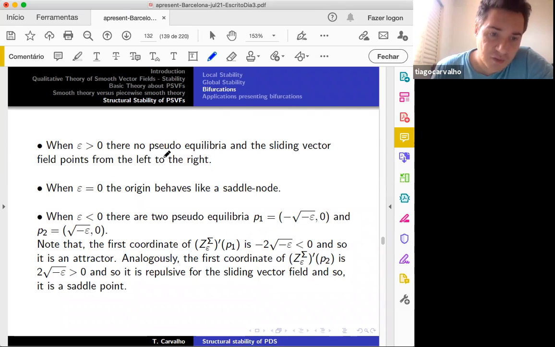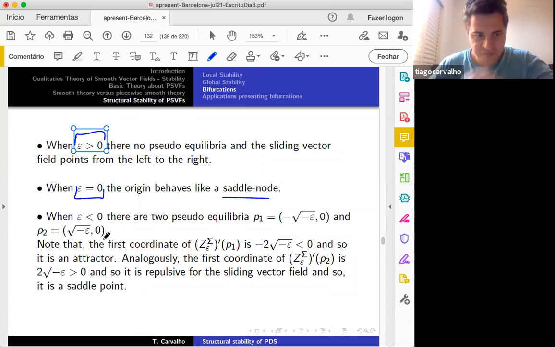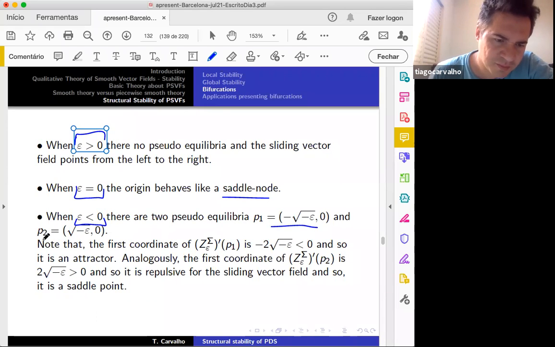So we have no pseudo-equilibria for epsilon positive. For epsilon equal to 0, we did this before, okay? It is this saddle node case. And for epsilon negative, there are two pseudo-equilibria, one placed here and another one placed here.